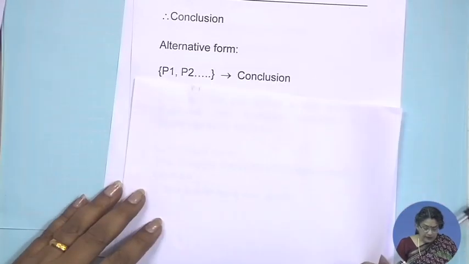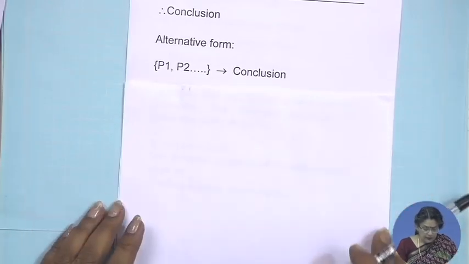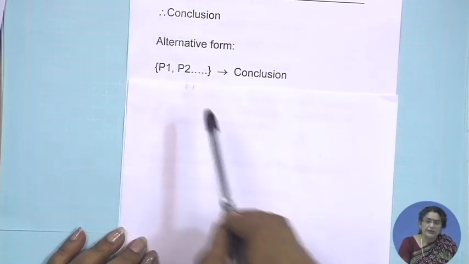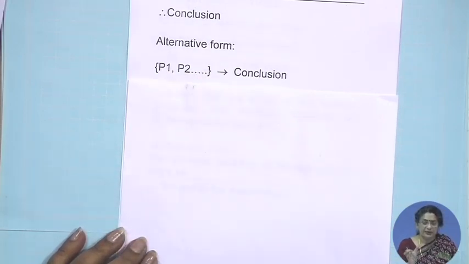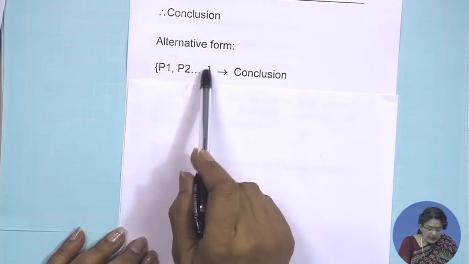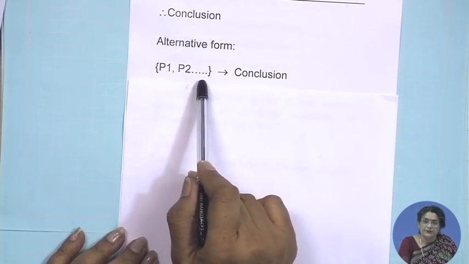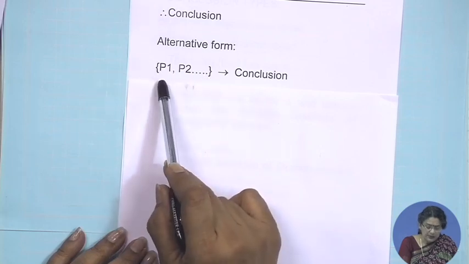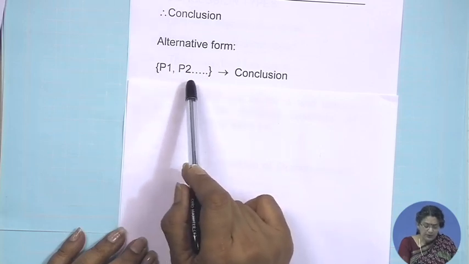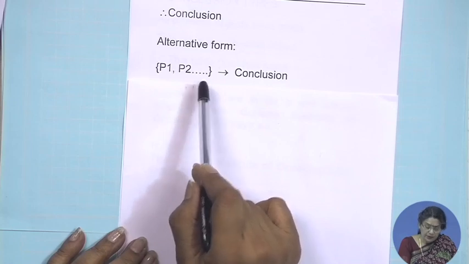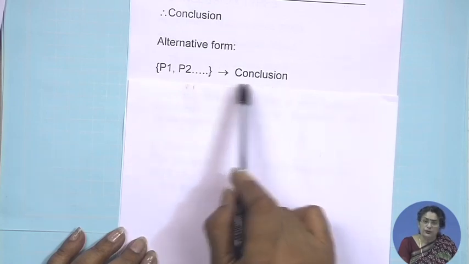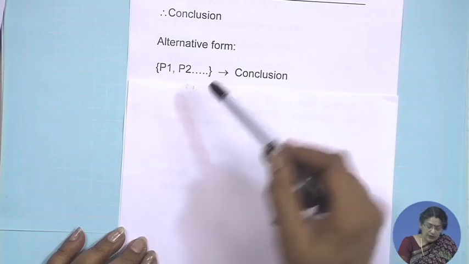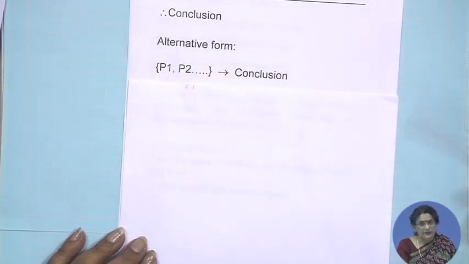There can be an alternative form also. If you want, you can also write it like so. These curly brackets are known to be the set symbols. So, you can say that here is a set of premises. It is separated out by these curly brackets. This is premise 1, this is premise 2. If you have more, line them up like so, and here comes the conclusion. Before that, there is an arrow which works like the divider line that we have seen earlier.